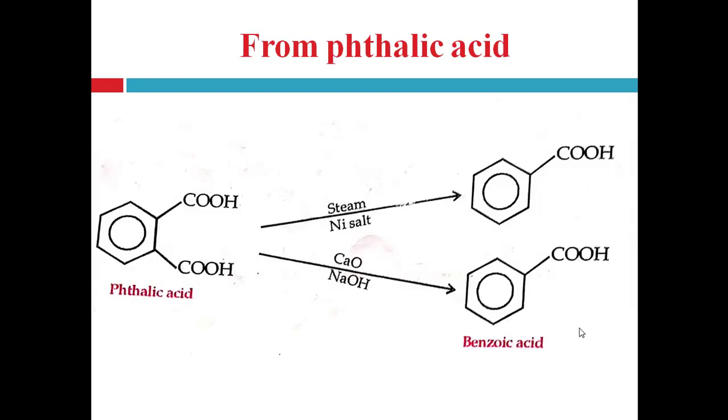Then from phthalic acid. Now from phthalic acid, aromatic acid or benzoic acid can be prepared in two ways, right? It is obtained by passing vapors of phthalic acid through partial decarboxylation, right?